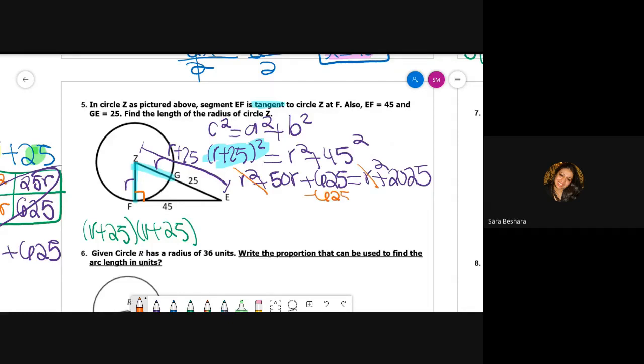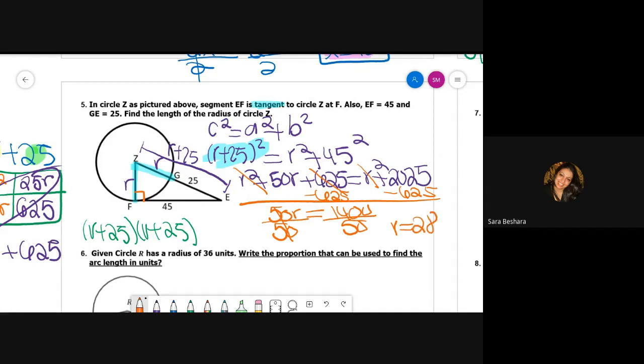We subtract the 625 from both sides. So 50r is equal to 1400. When we subtract these, we get 1400. We divide by 50. So r is 1400 divided by 50. I get 28.